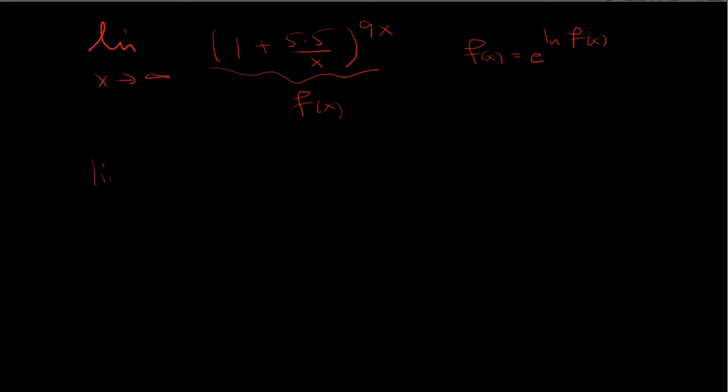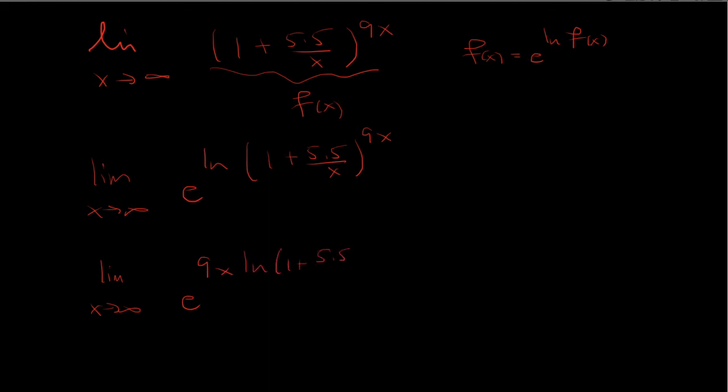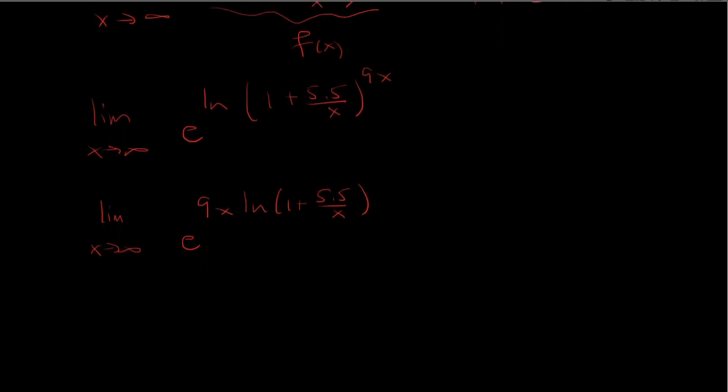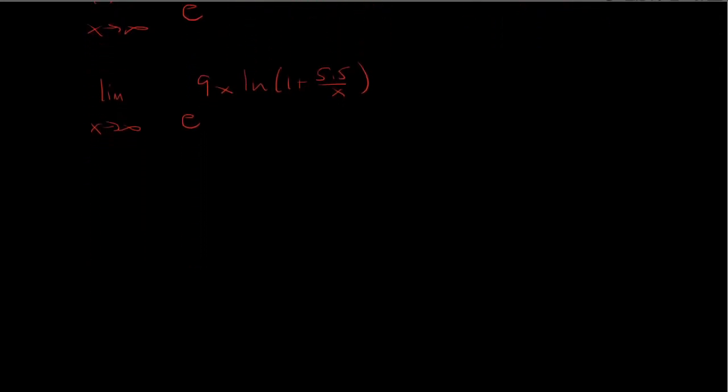So I'm going to have e to the ln of that entire thing. The exponent will come out in front of the log, and I can treat this as an exponent to an exponent.